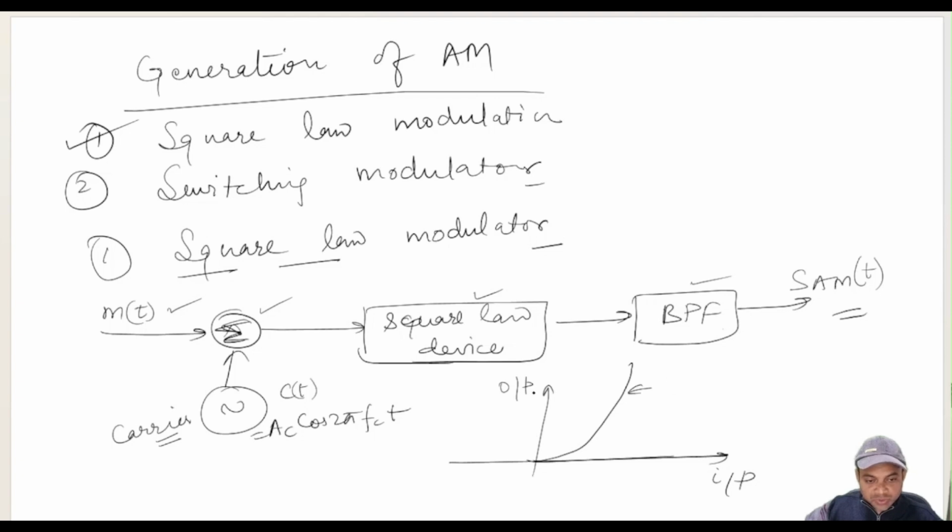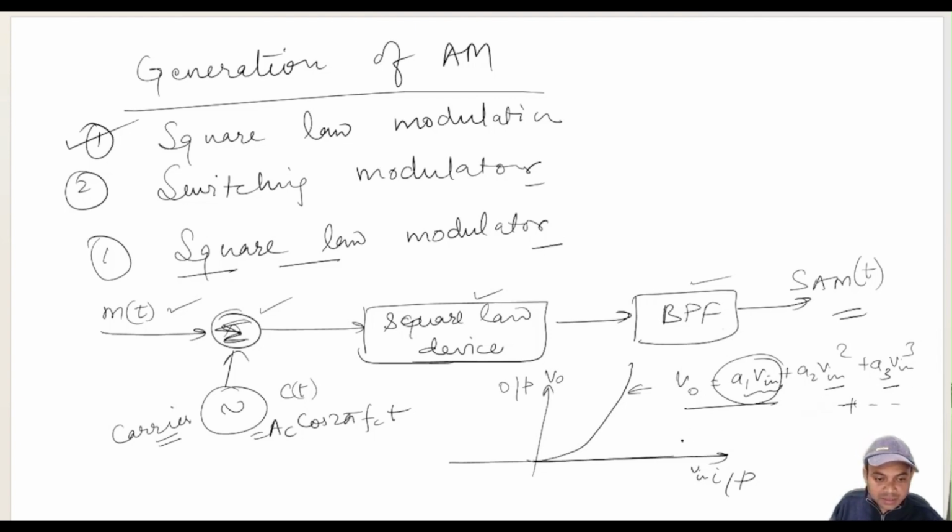Suppose this is V_o and this is V_in, then V_out is equal to A1 V_in plus A2 V_in squared plus A3 V_in cubed, and so on. This is the expression for V_o. It gives us not only the first power of the output, but second power, third power, and so on.